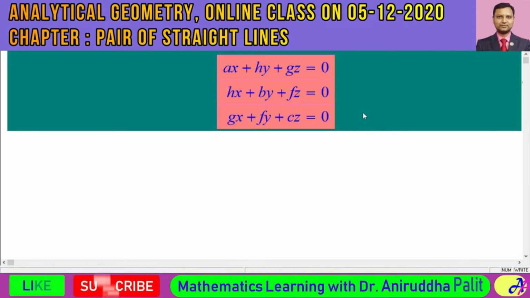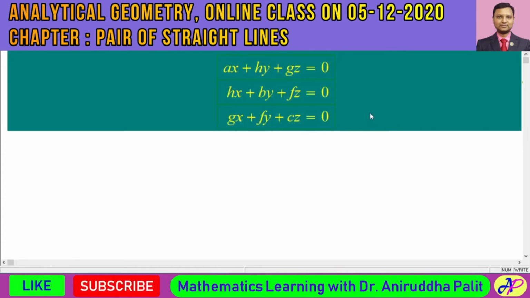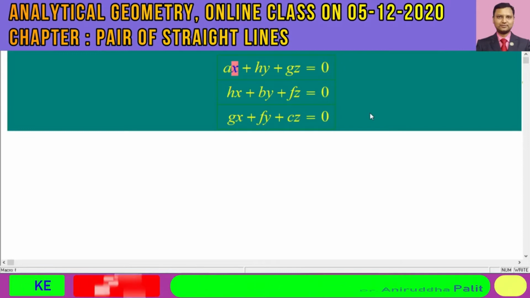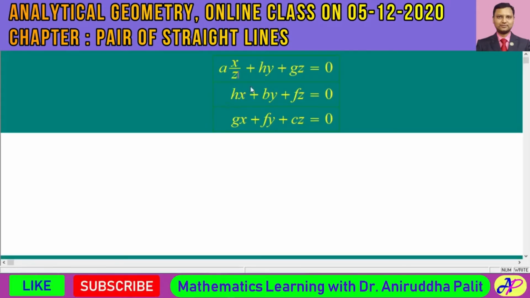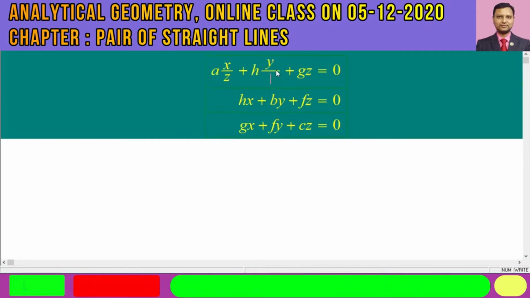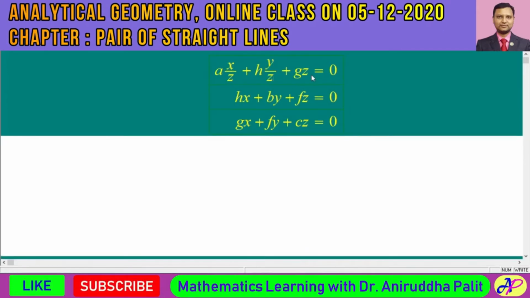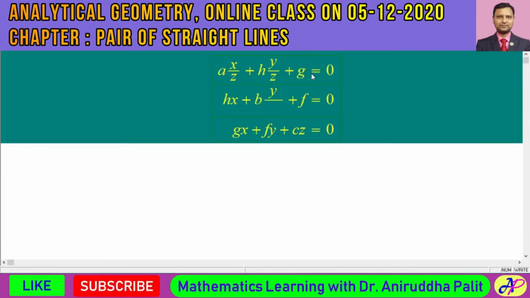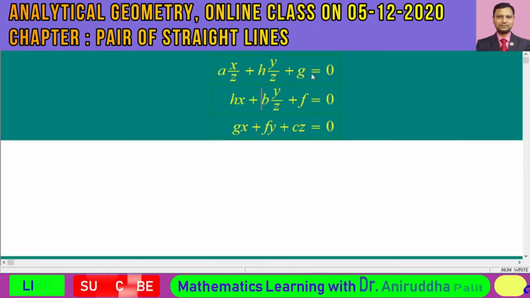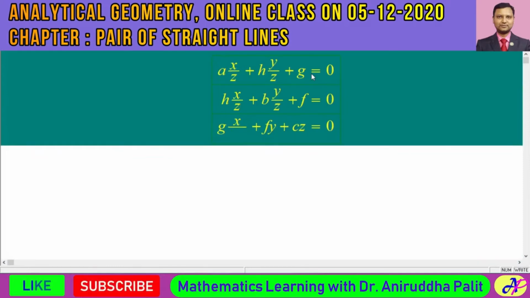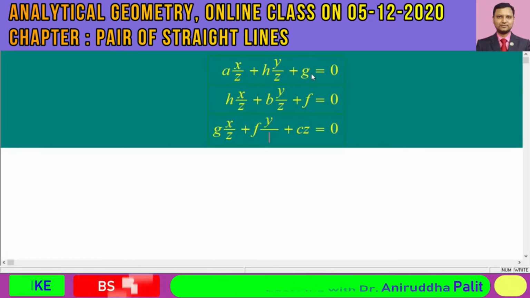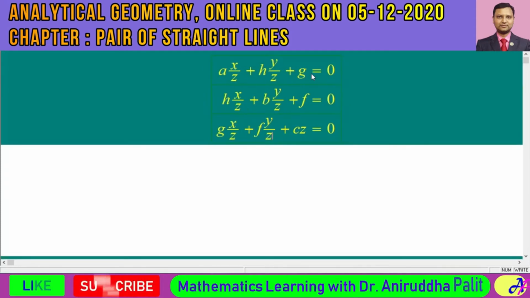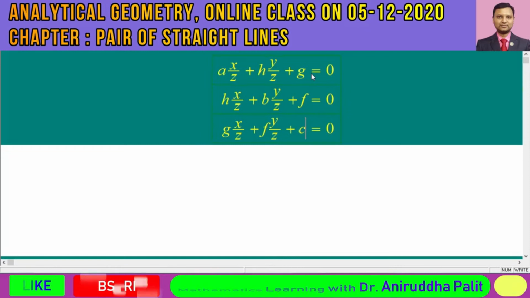What we can extract from this information is that if we divide these three equations by z, in that case we can write this equation in this fashion. I am trying to convert this equation into the form we have currently. And this should be x by z, then this is also y by z, and no z will be present over here.